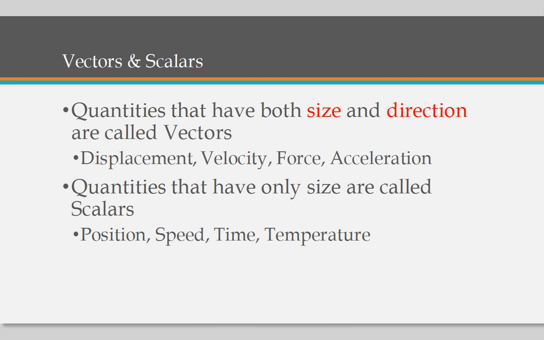And displacement, velocity, and force and acceleration. These are some vectors that we'll become familiar with. There's obviously lots more. These are some usual suspects. And quantities that don't have direction, only size, are called scalars.